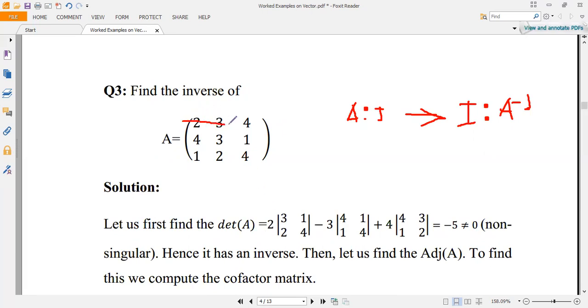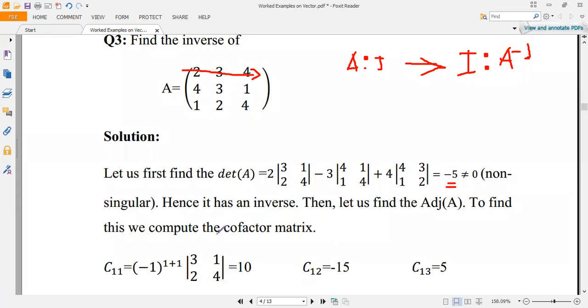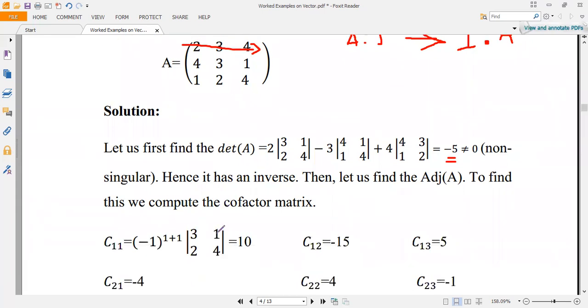Using the first row, 2 times the determinant obtained by cancelling the row and column which contains 2, you get this one, minus 3 times this one, then we get minus 5, which is different from 0. So this matrix is invertible. Hence, we can find the inverse.